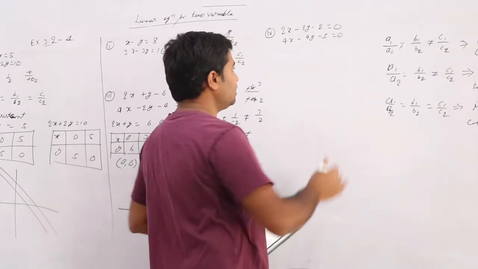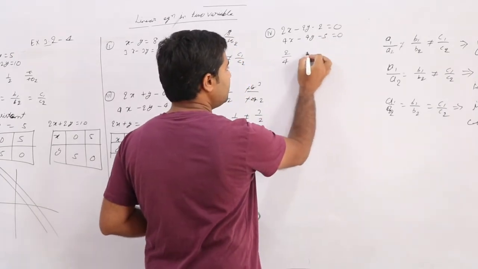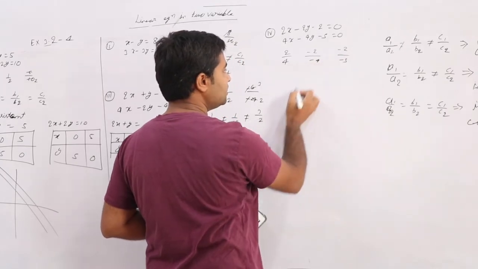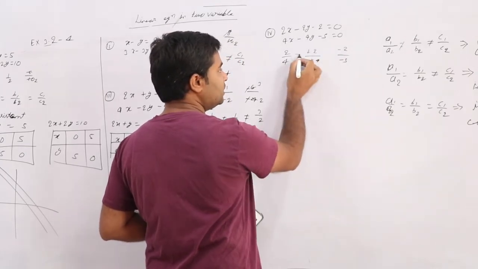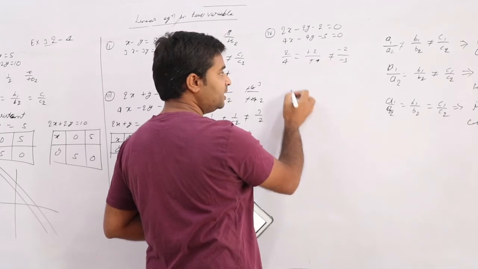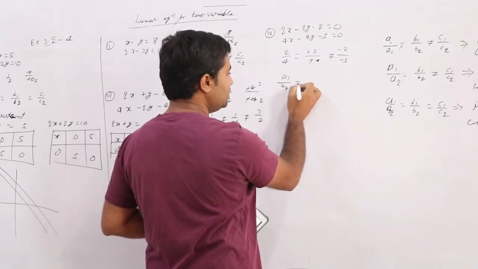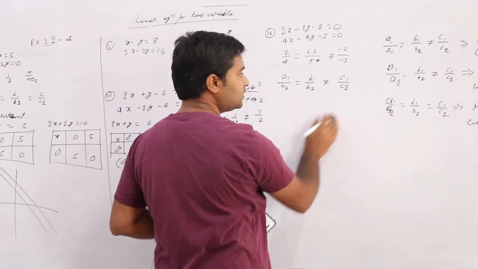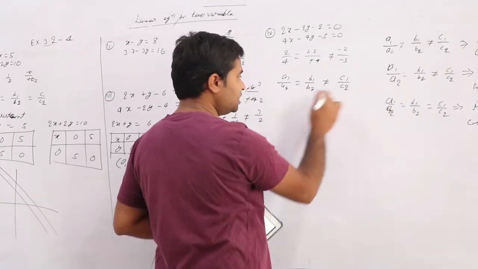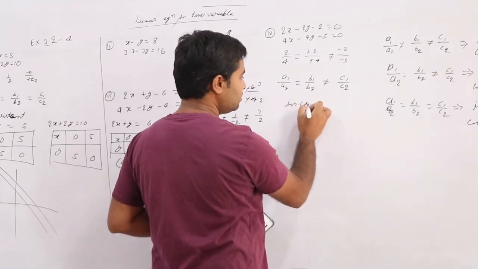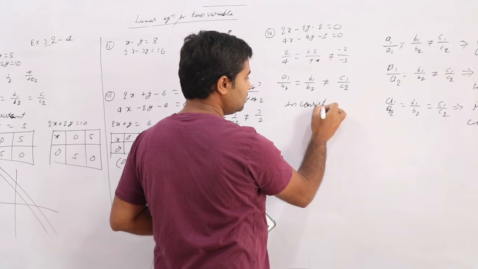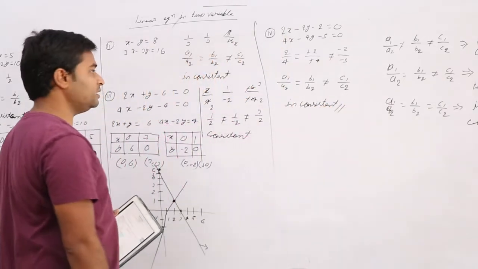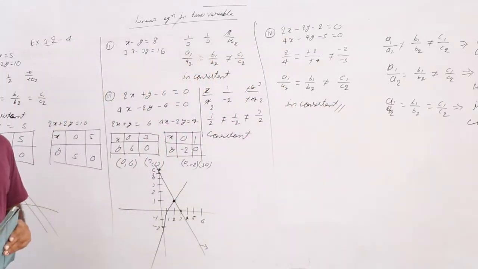Now see, 2 by 4, minus 2 by minus 4, minus 2 by minus 5. See, cancel. So these two are equal and this is not equal. Means A1 by A2 is equal to B1 by B2 is not equal to C1 by C2. This situation means inconsistent. So if it is inconsistent, we should not find the solution only. Right? Done?